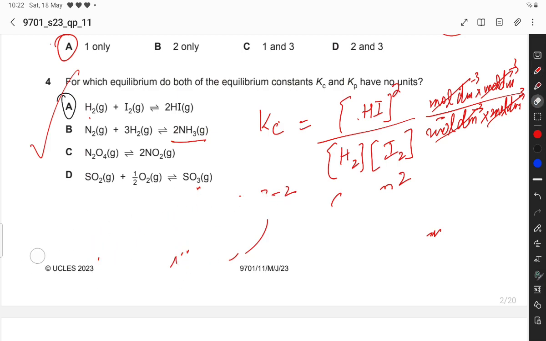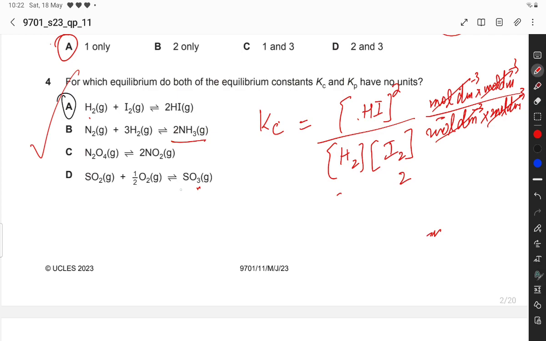Similarly, with uneven concentrations, over here there are 2 mole per dm cubed and over here only 1, so 1 is cancelled out and there is a unit of Kc and Kp in this case.